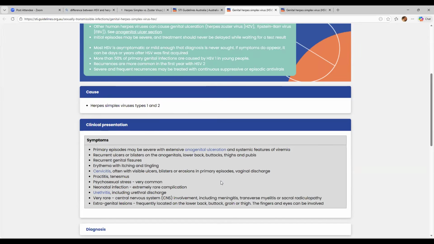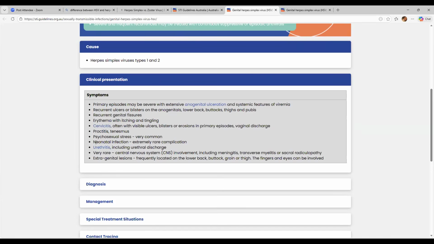Clinical presentation is that they can have ulceration if it's in the genital area. They can come with painful urination, painful defecation if it's around the urethra and anal region. Because it's itchy at first, ulcers and blisters are formed, and then the skin around that area becomes very itchy. So it can cause fissures in the skin, which lead to pain and soreness. If the patient is pregnant, it can lead to neonatal infection if the patient goes for vaginal birth.